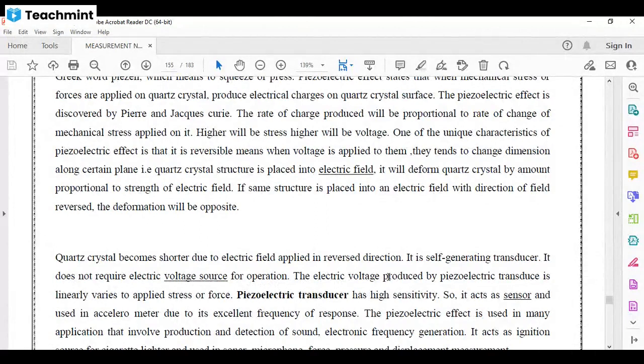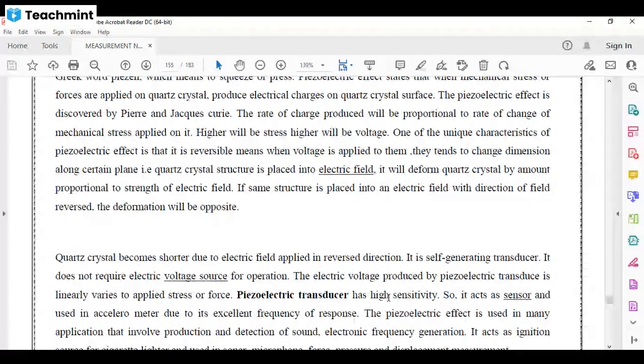The electric voltage produced by the piezoelectric transducer varies linearly with the applied stress or force. It has a high sensitivity, so it acts as a sensor, and it is also used in an accelerometer due to its excellent frequency response.